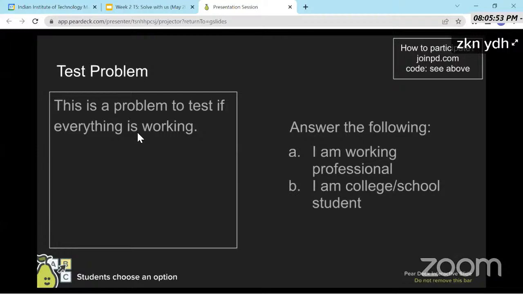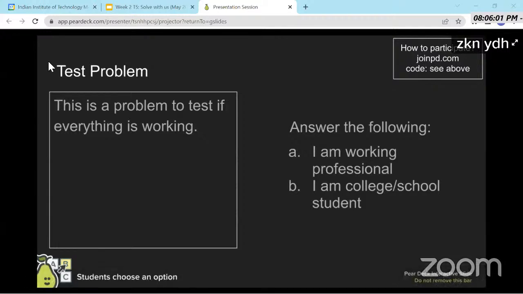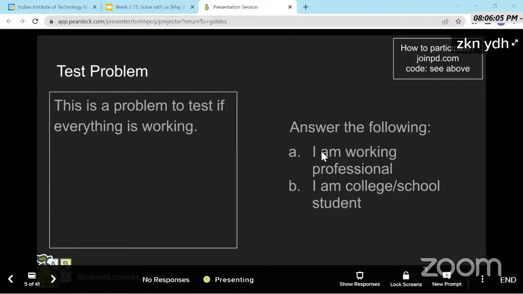Sorry, what? Sir, can't edit the answers. Means it is saying no. You can't enter A or B. Yeah, you just have to select one, that's all. I could see there is no response given, so please select any of these.